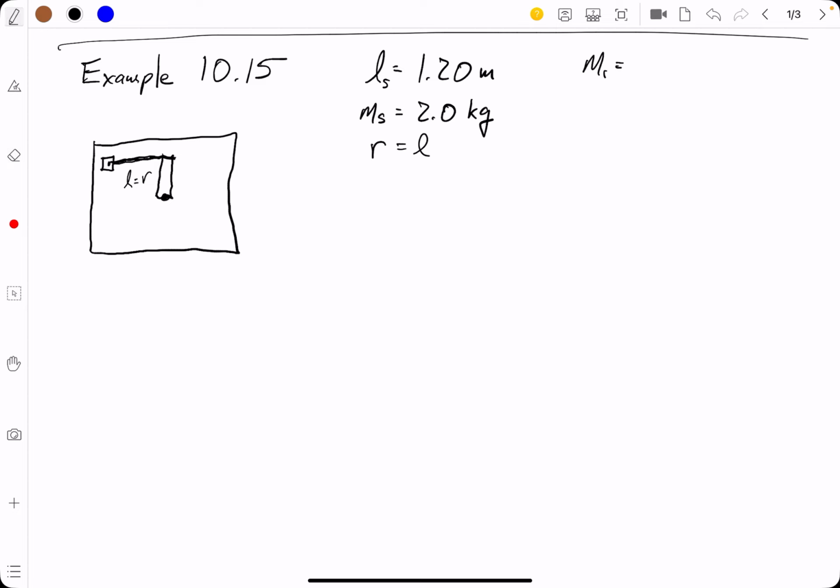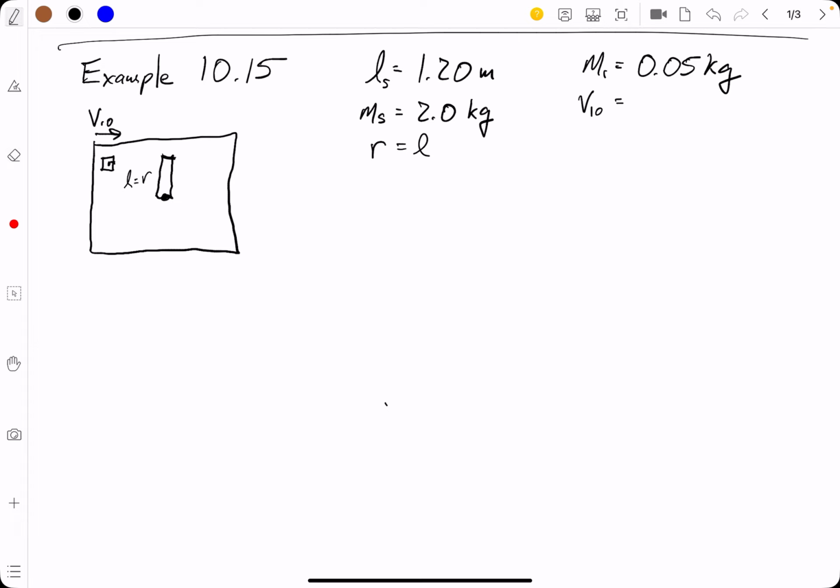So M1, that mass 1, is equal to 0.05 kilograms. And then our V initial for 1, as it's flying in to hit this thing, is V10. There's no connection.